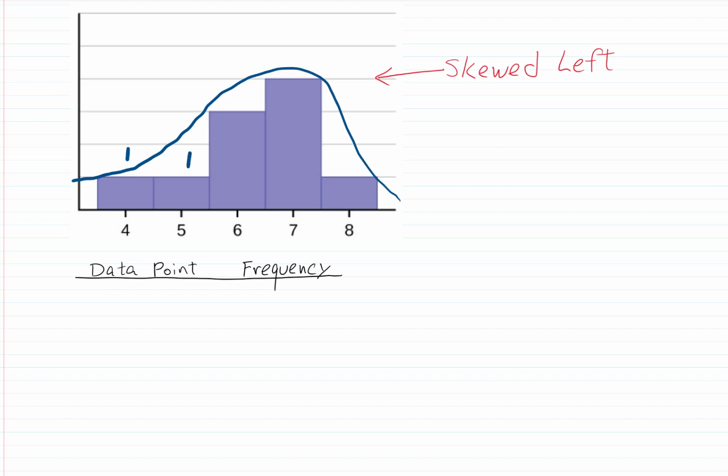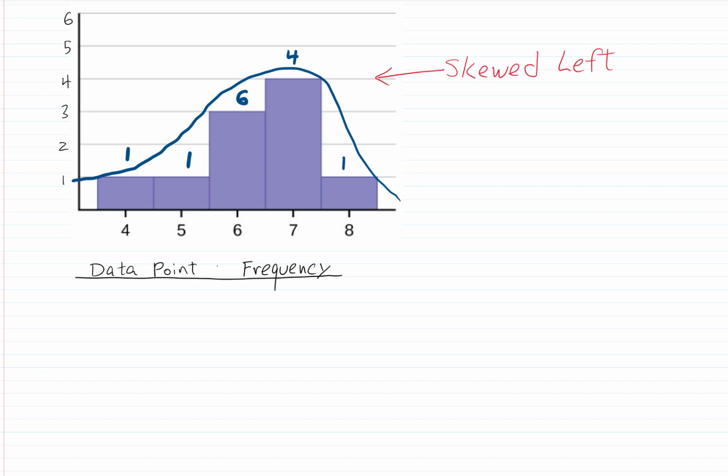There's a 4 and a 5. I should label this y-axis. I don't know how come they didn't label it in the picture. Okay. By the way, I'm getting these pictures off of page 78 in the book, okay? So there's a 4 and a 5, and there's 3 6s, and there's 4 7s, and there's an 8.